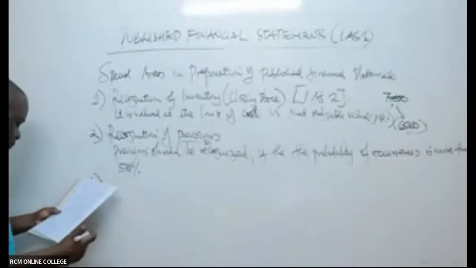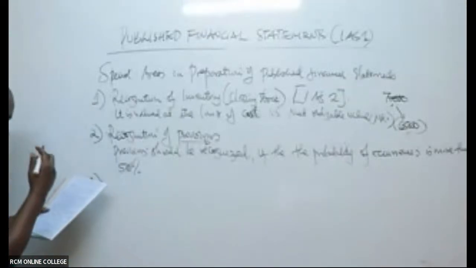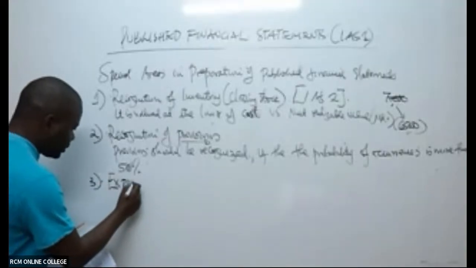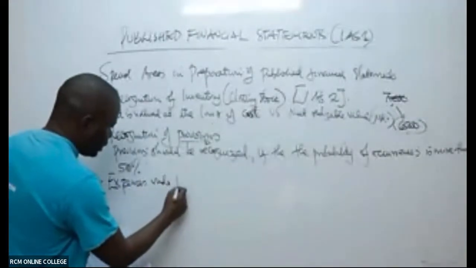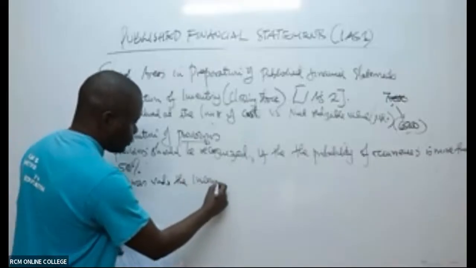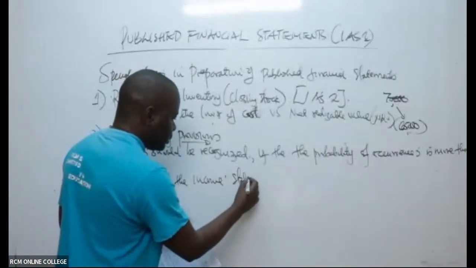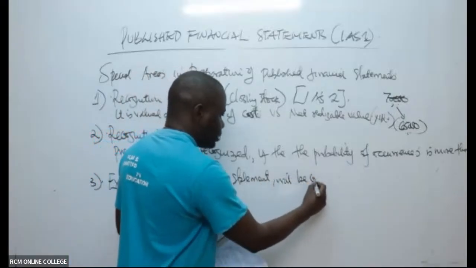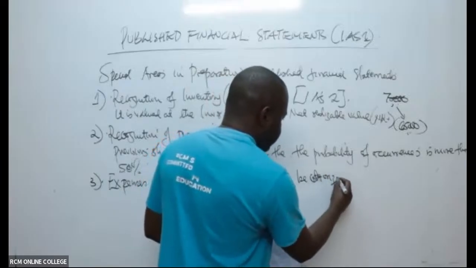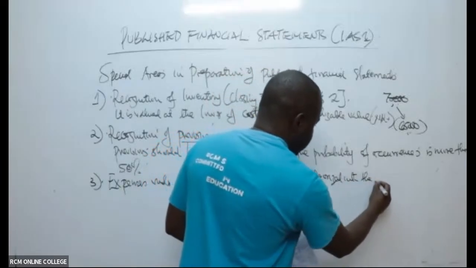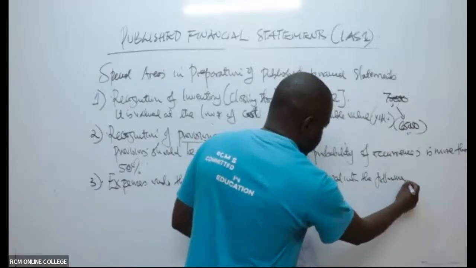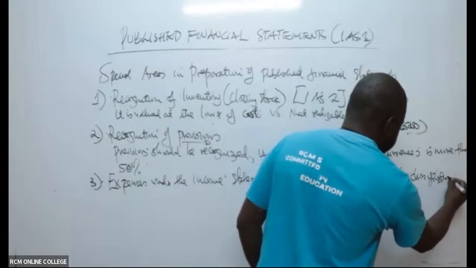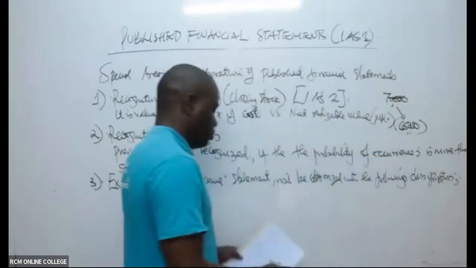So for the cost of sales, expenses under the income statement will be categorized into the following classifications. You'll be able to classify them like this.